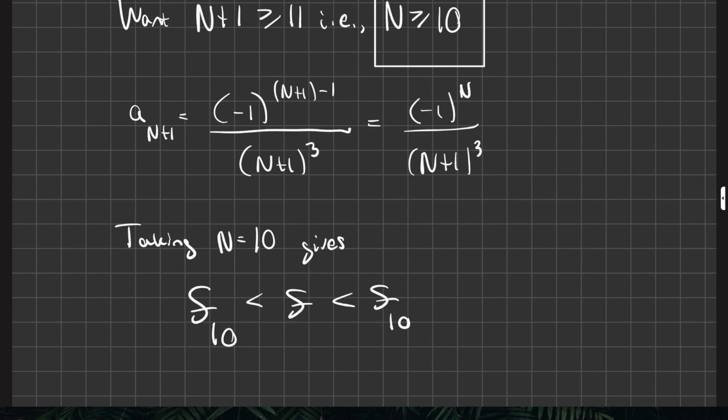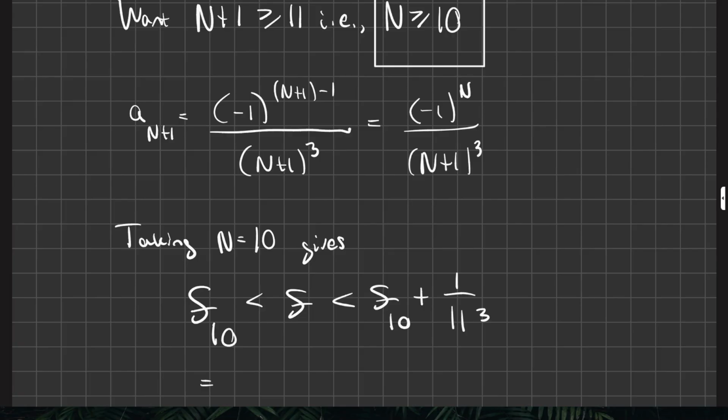So we bound it between these two values. S is strictly greater than the partial sum evaluated at 10, but it's less than the partial sum evaluated at 10 plus this new term, 1 over 11 cubed, which we got from solving that inequality.